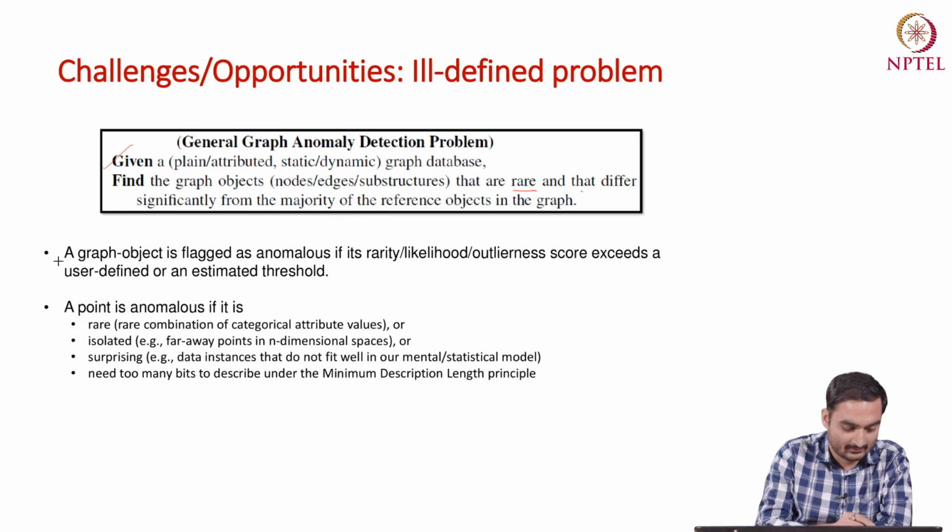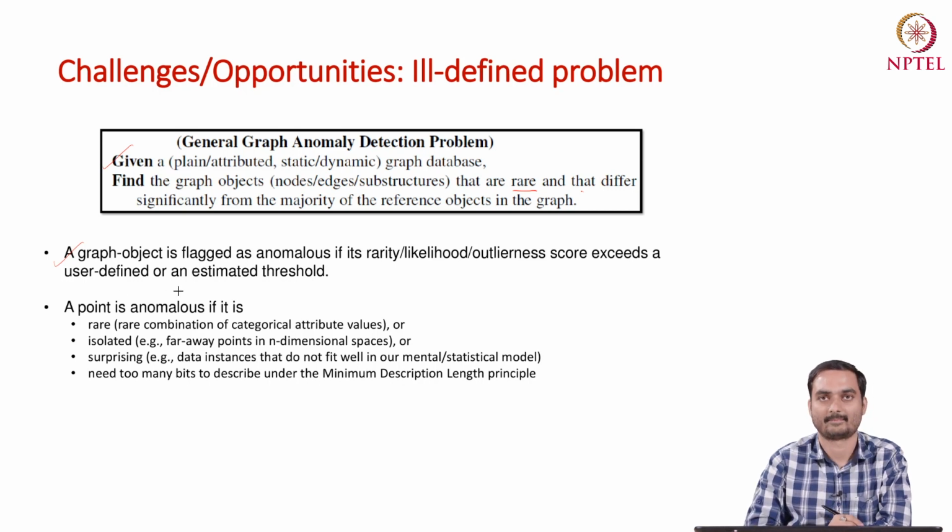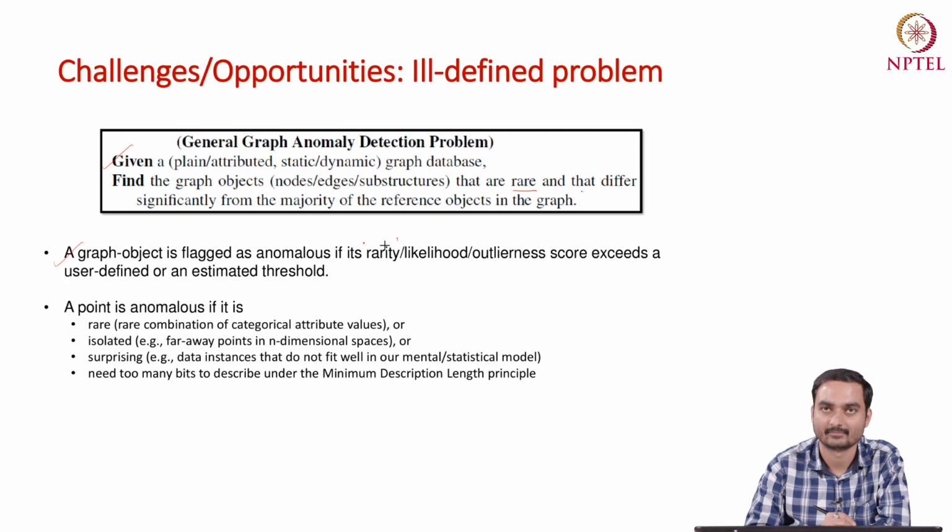Okay. So, a graph object is flagged as anomalous if its rarity, likelihood or outlierness score exceeds a user-defined or an estimated threshold. Okay. So, we will define what we mean by rarity, likelihood and outlierness, again with respect to an application.